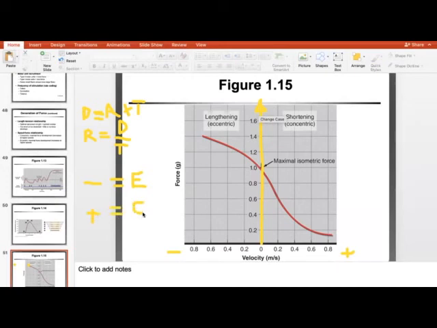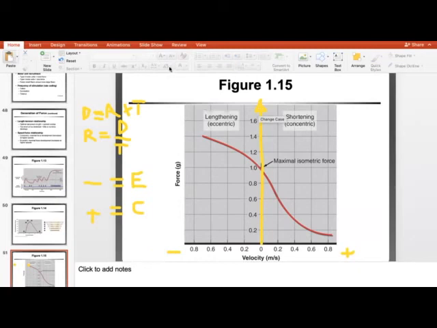If I drive my car 100 miles an hour forward, or 100 miles an hour backwards, positive 100 miles an hour is the same thing as negative 100 miles an hour. It's just a different direction.